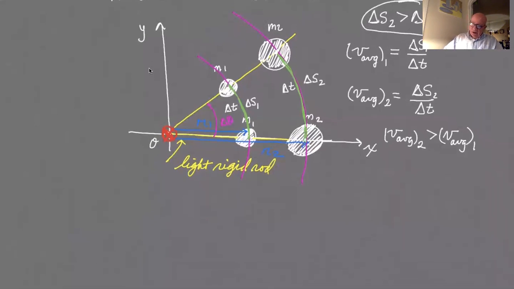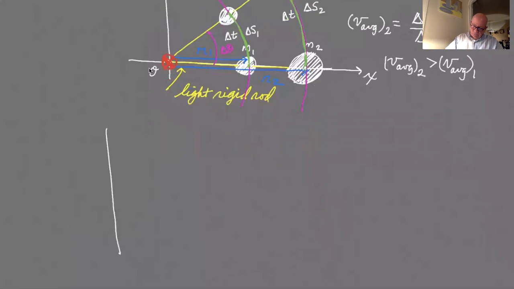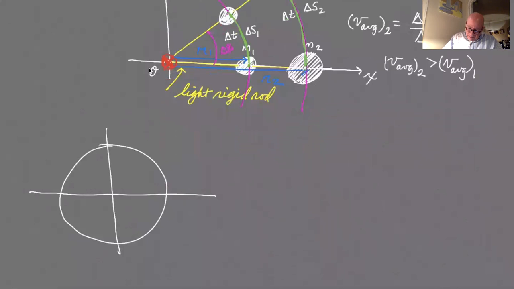So you might recall, if you remember some high school sophomore geometry, that if you're looking at a circle, and you look at this arc length, we'll call that delta S, or sometimes we can just call that S, right?